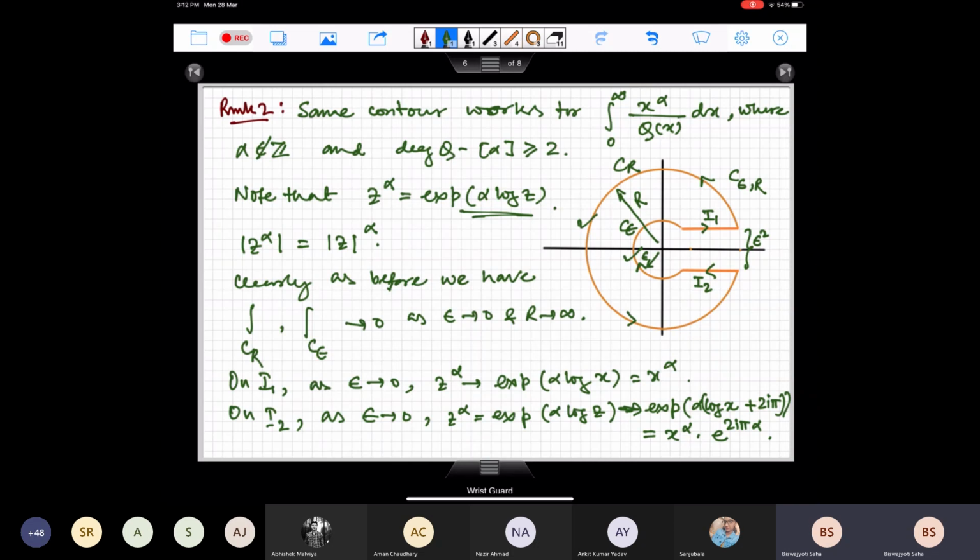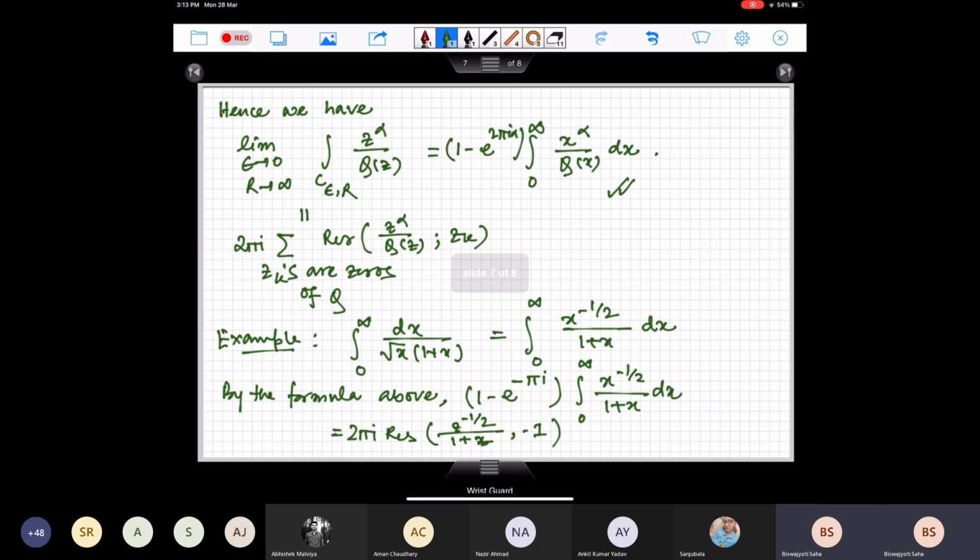But once you have the square root of x, or the third root of x, and so on, all you need to understand is that the logarithm is already in the picture. So we don't have to bother about putting in an extra logarithm. All we need to do is apply this formula, which I have taken without the logarithm.